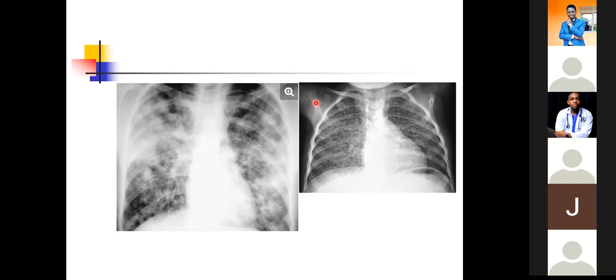A typical one is going to be these triangular pleural-based opacities. But in real situations, the majority of patients are going to show pleural-based opacities which are not typically triangular. So you have to take caution with that.